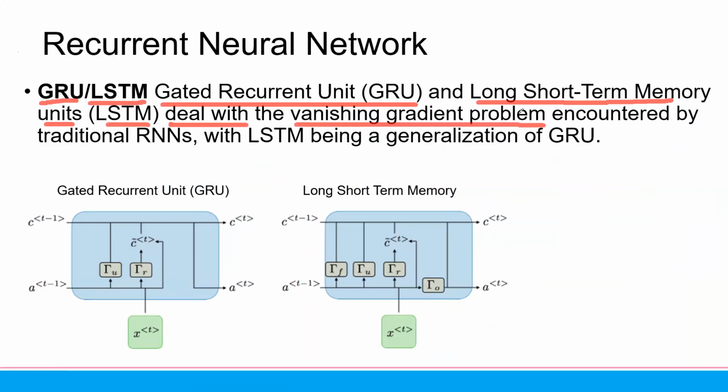Do you still remember the vanishing gradient problem? I will show you another picture about it. This problem is encountered by the traditional RNN. In a common neural network, if you want to deal with the vanishing gradient problem, you can use an activation function.